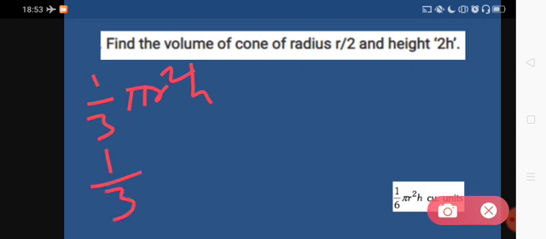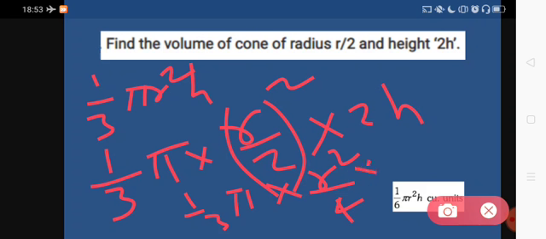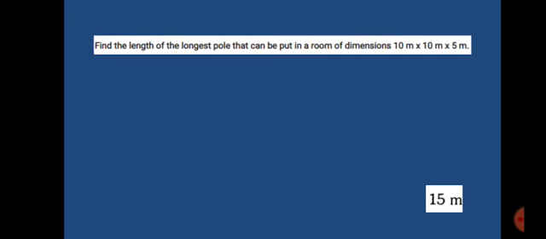We will put the changed radius, r by 2 square, and height will be 2h. Now we calculate 1 by 3 pi r square upon 4 into 2h. 2 2s are 4, 1 by 3 into 2 is 1 by 6. Pi r square h by 6 will be the volume of the cone. Okay. Next question.